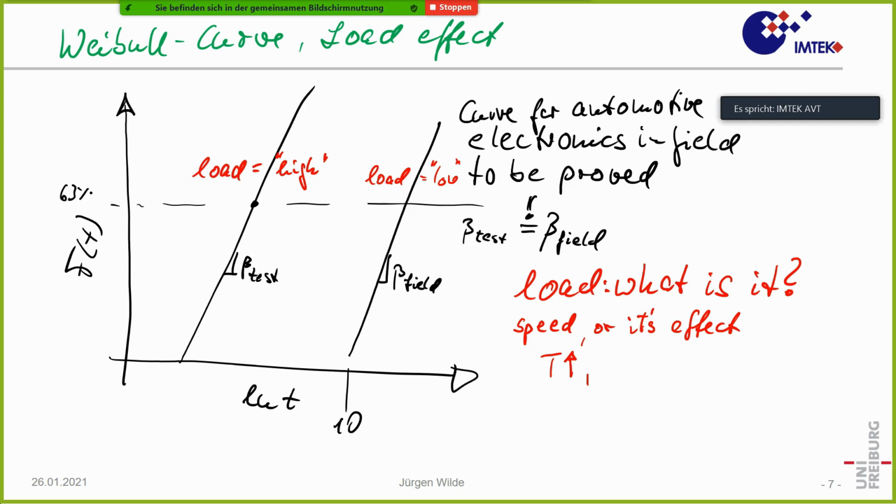In this case, let's just take temperature as the load. On the other hand, if you drive more speedy, accelerations as a result of vibrations, for instance, will also be higher, and that means more load.